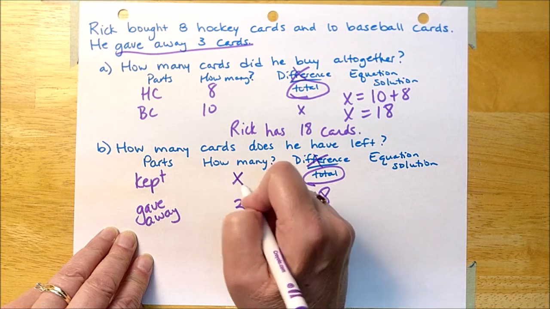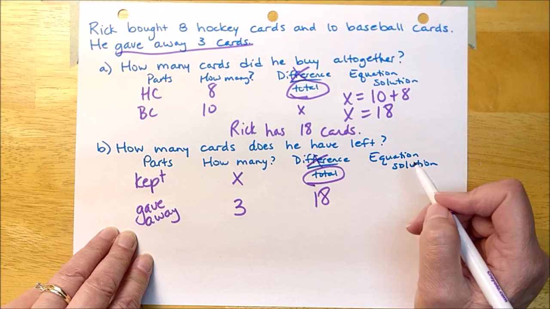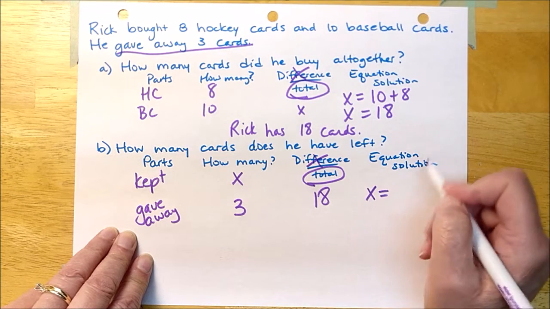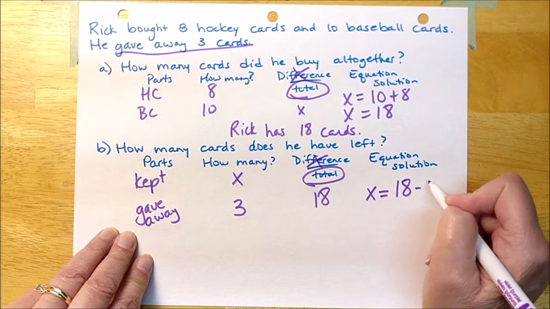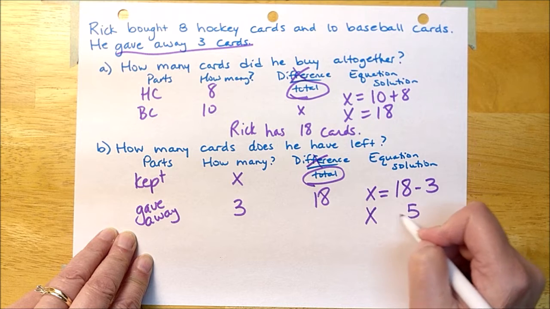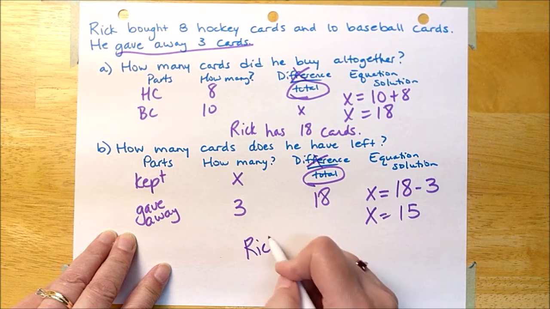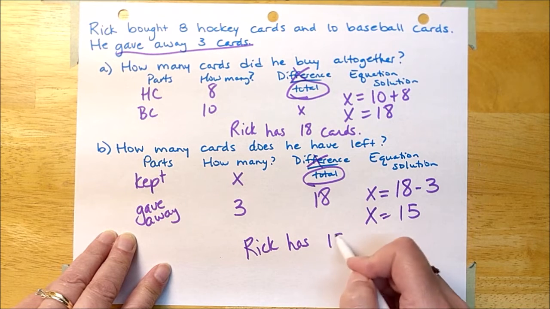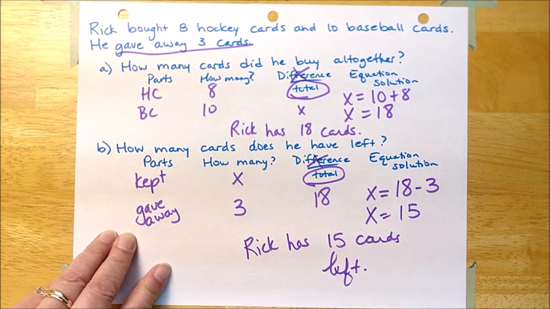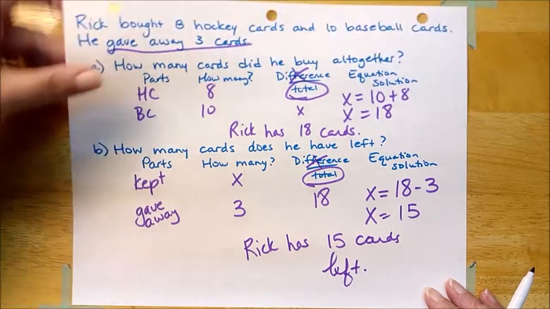We have to figure out how many he kept or has left. So we know the total, so we have our big number. That means we're going to subtract. 8 take away 3 is 5, and we have our 1. So Rick has 15 cards left. I hope that you were able to see that and figure that out.